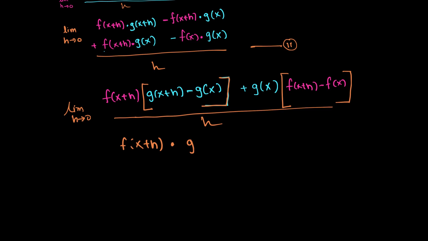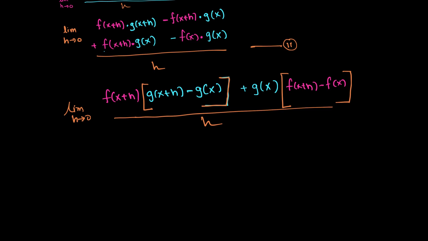Let me just erase this and create some new space. So what I want to do is I want to separate this group of expressions into two parts. So I want to take this as one expression plus this as another expression, and that would help us in a different way. We're going to see that in a bit.